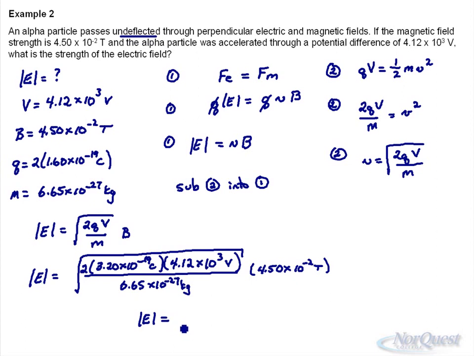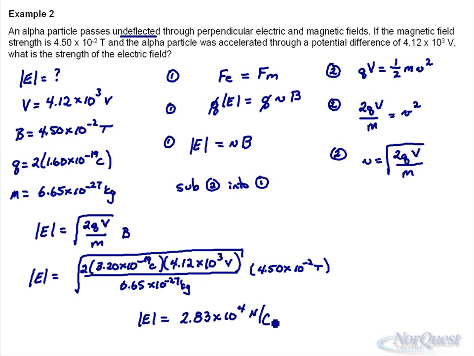To 3 significant digits, I get 2.83 times 10 to the 4 newtons per coulomb.